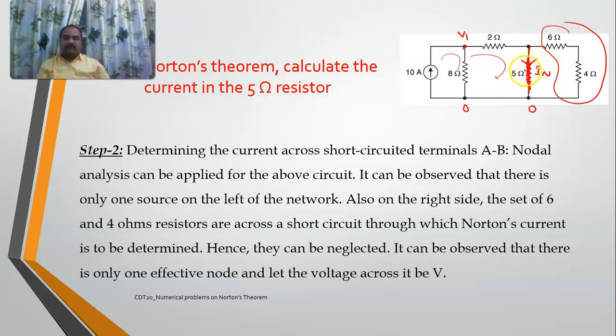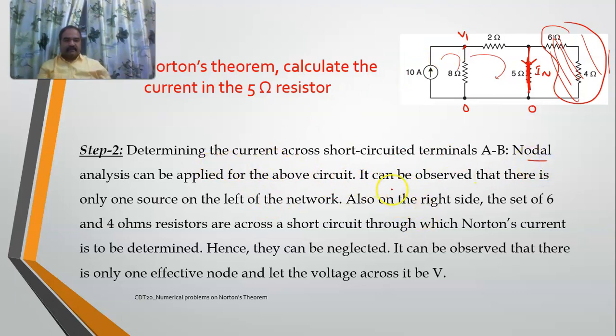Anything across a short circuit is basically null and void. So since it is across a short circuit, I am just omitting this. I am only considering this particular circuit. If that is the case, I have only one voltage source, one effective node, and here it is going to be my V. So that's why I have written here.